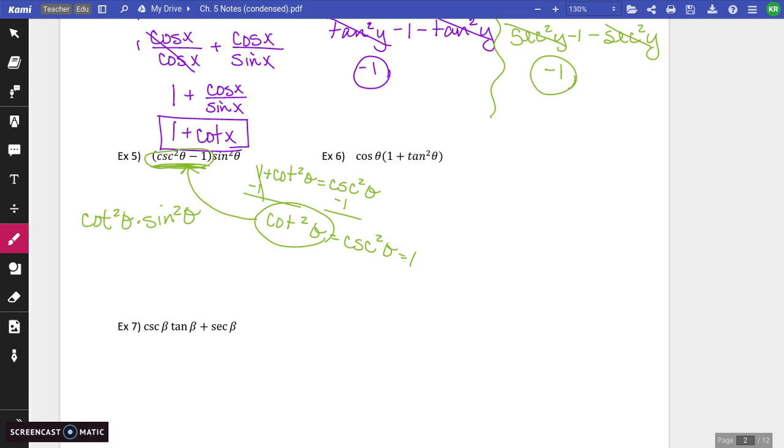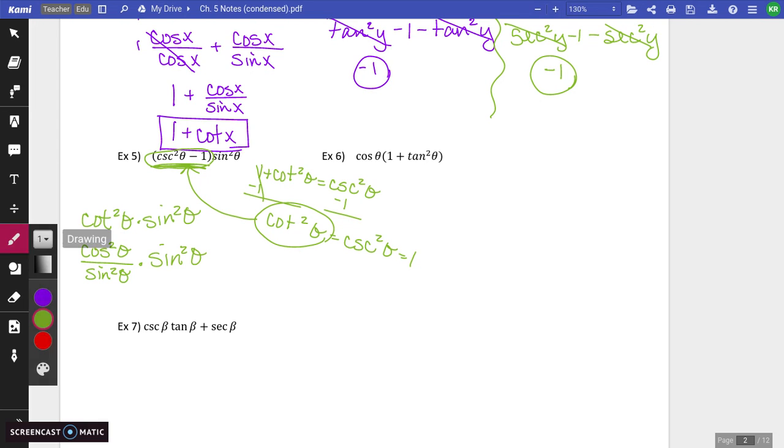We'll go back to that first technique I was showing you, rewriting things as sines and cosines. If you rewrite cotangent squared, that's going to be cosine squared theta over sine squared theta. And then you're multiplying times a sine squared theta. Do you see what's going to happen in this next step? This sine squared theta is over 1.